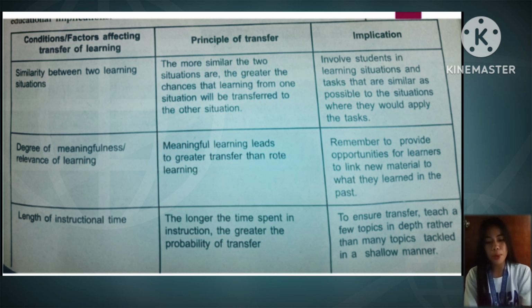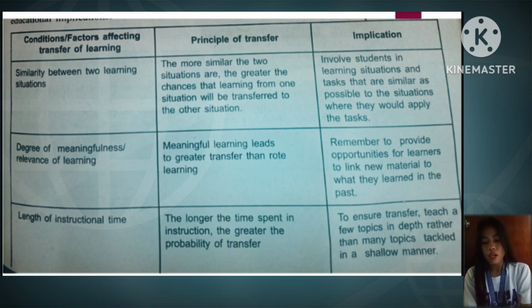So the implication: remember to provide opportunities for learners to link new materials to what they learned in the past. Dapat dito is mag-provide ng opportunities para ma-apply ng mga bata ang natutunan nila previously sa bagong pag-aaral.